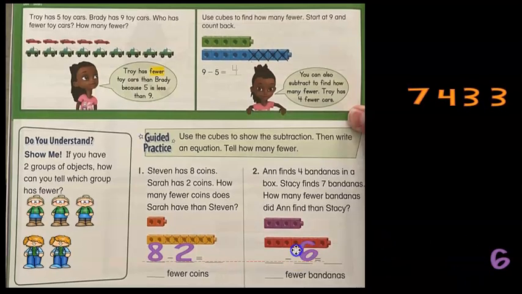So Mr. Begay is going to grab number 6. I'm going to put it right there. And here is our subtraction equation. 8 minus 2 equals 6. Okay? And I'm going to grab this other 6. I'm going to put it at the bottom because there are 6 fewer coins now. Okay? You can tell just by looking at this.